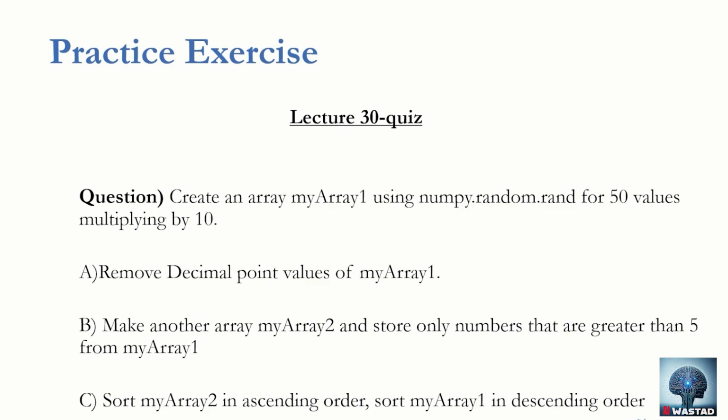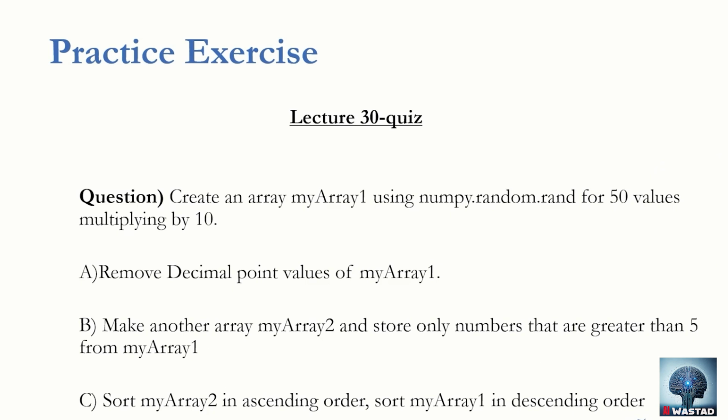Then remove the decimal point values of myArray1. Kashif has introduced a function for that. Try that, and then make another array, myArray2, and store only numbers that are greater than 5 from myArray1. This is simple, and we've done such things before.